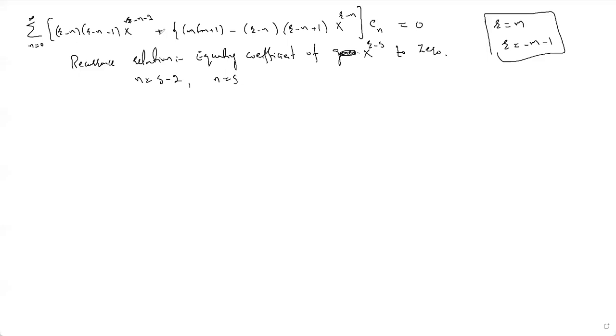So what will this term now become? Cn becomes c(s minus 2), because n is s minus 2 in this particular term.